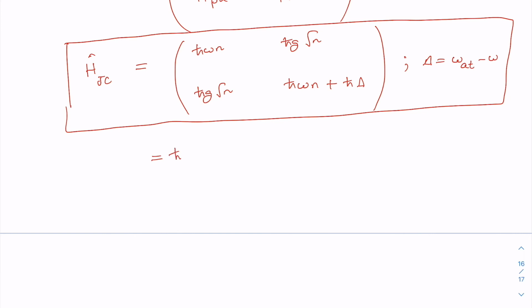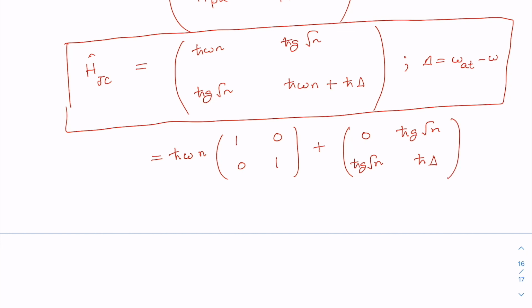To find the eigenvalues, I need to diagonalize it, and I can do it this way. I can write it as ħωn times the identity matrix, then I would be left with 0, ħg√n, ħg√n, and here ħΔ.